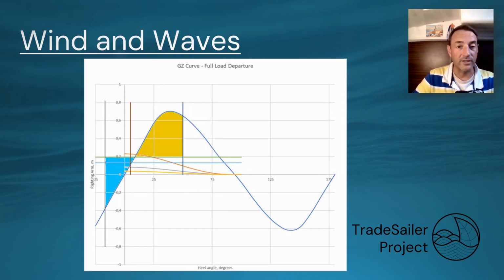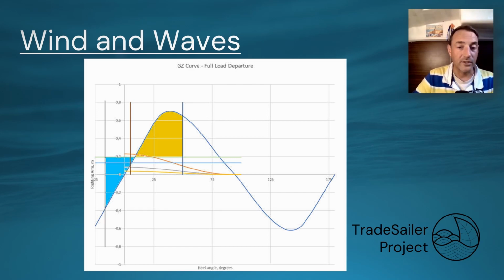So let's have a look at the large angle stability. They call it the wind and wave stability. What we can see here is the blue horizontal line is the steady wind heeling. The green line is the gusting.